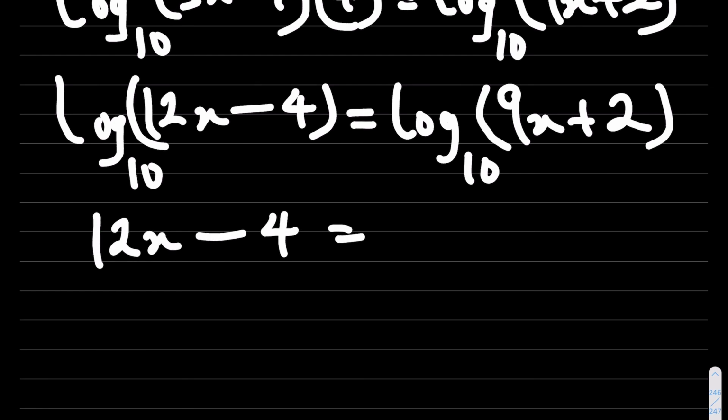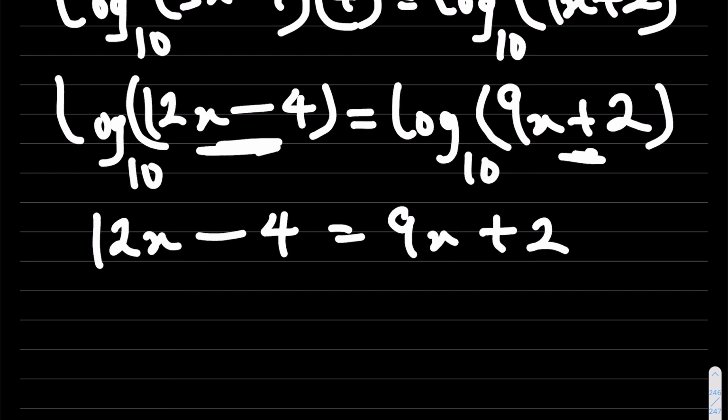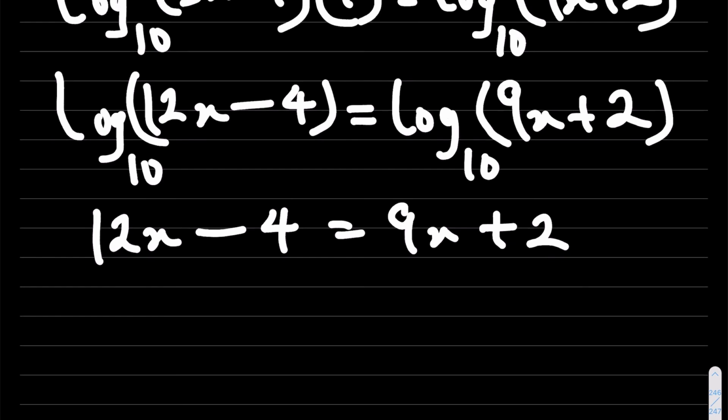If the logarithm of 12x minus 4 base 10 is equal to the logarithm of 9x plus 2 base 10, that means 12x minus 4 is equal to 9x plus 2. If the logarithm of a number to a particular base is equal to the logarithm of another number to the same base, those two numbers are equal.